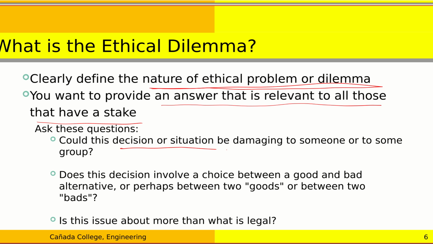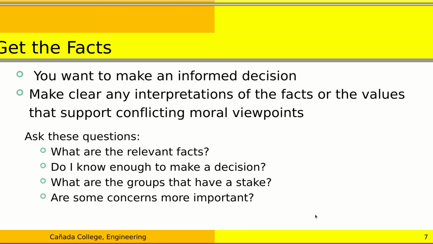How is this decision going to be damaging to someone or a group? Does the decision I make involve a choice between good and bad alternatives, or between good alternatives, or between 2 bad alternatives? Is this going beyond the legal aspects? These are questions you're starting to ask.